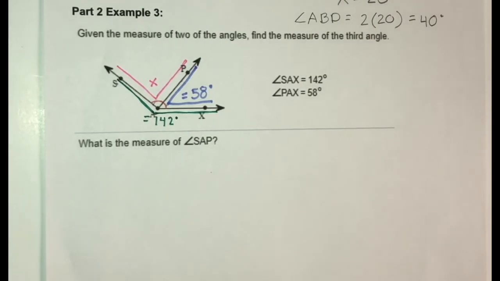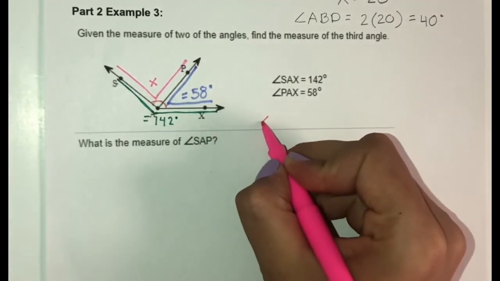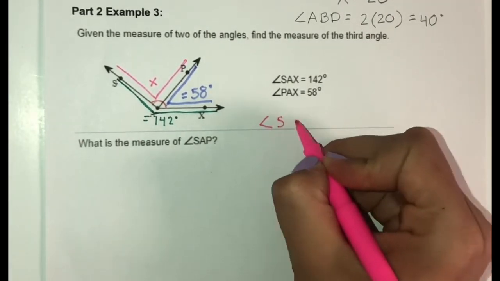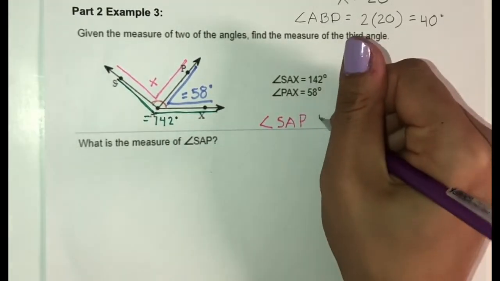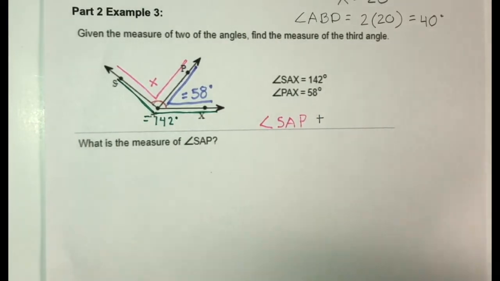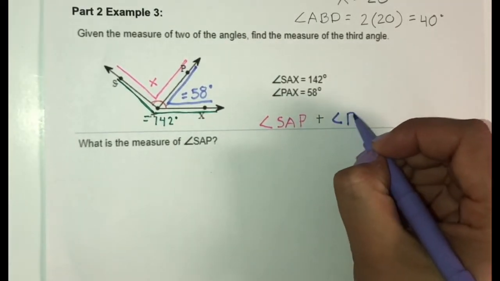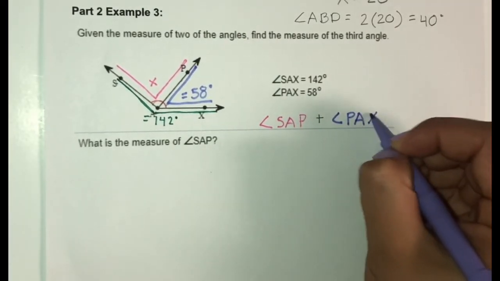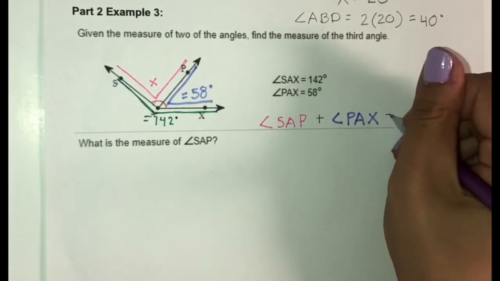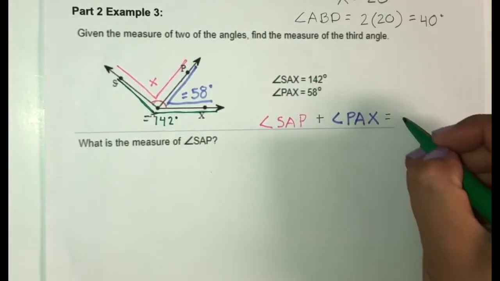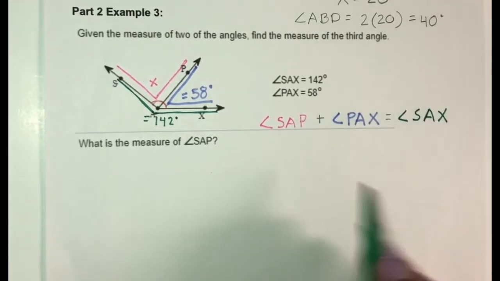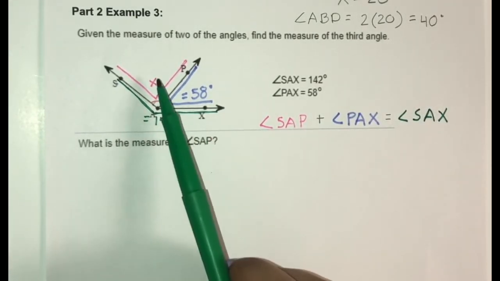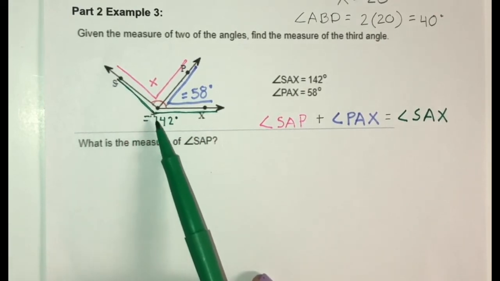I'm going to write that off to the side: angle SAP plus angle PAX equals angle SAX. That's my equation representing these two angles equaling this big angle.